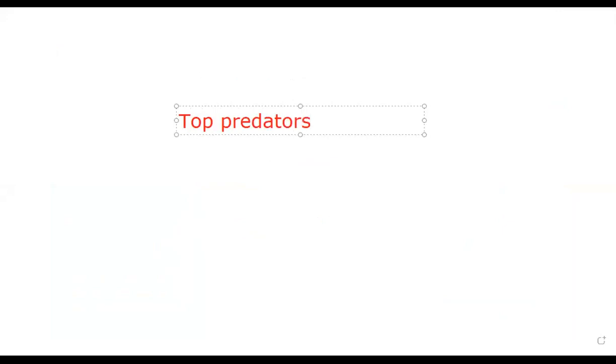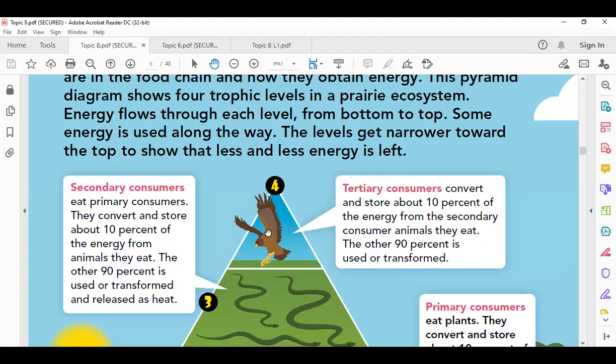Okay, so you can find in this level, the last trophic level, they are called tertiary consumers because they feed on secondary consumers. So in the food chain always, okay, you have producers. These producers are eaten by primary consumers, okay?